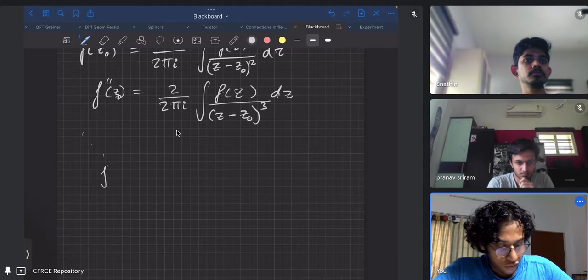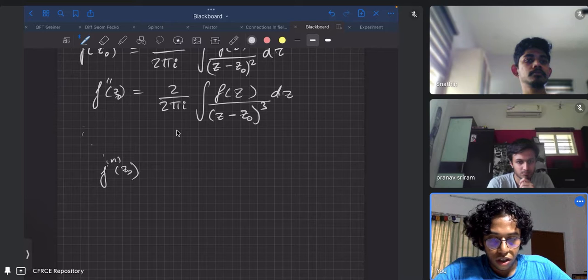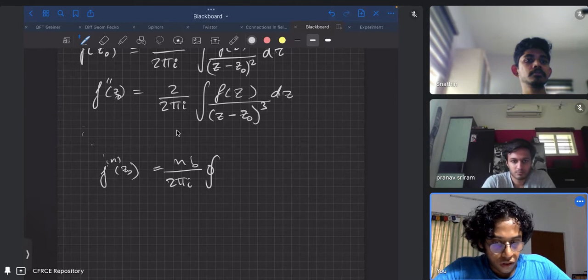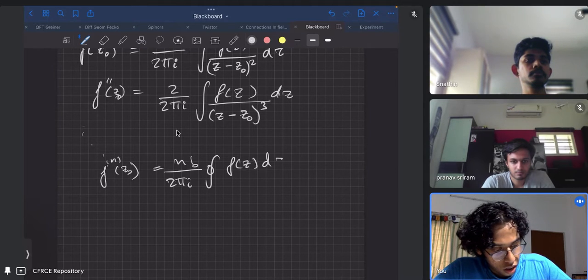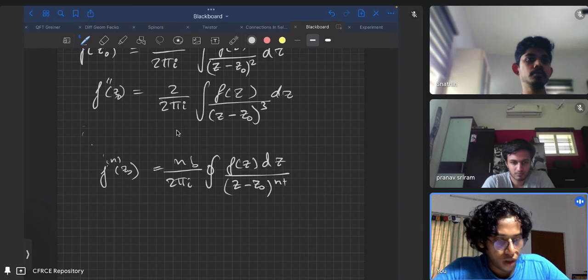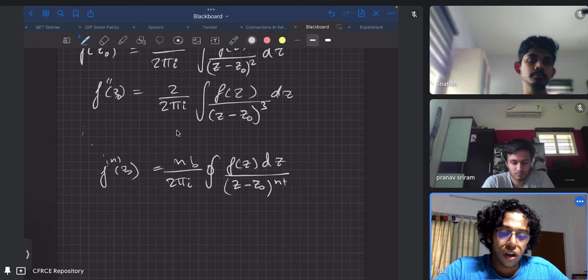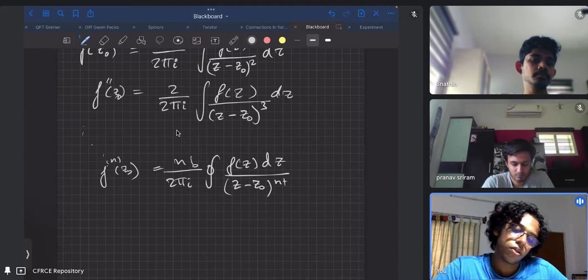The nth derivative of f at z naught is equal to n factorial by 2 pi i, the integral of f of z dz by z minus z naught to the power of n plus 1. So this is called the derivative formula.